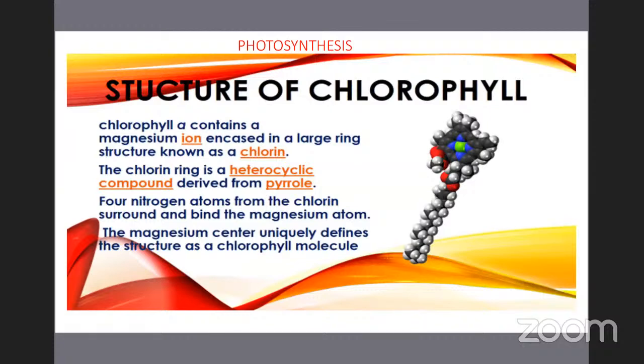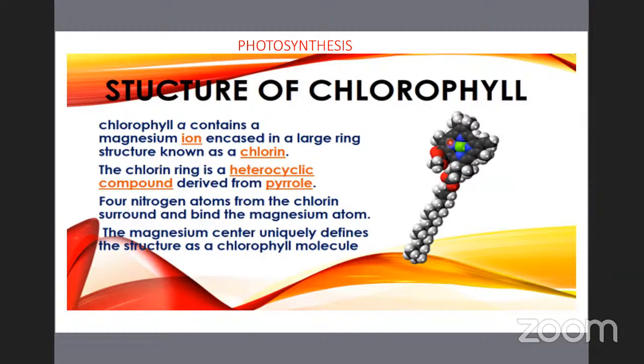See here, a centrally located magnesium ion, and it is encased in a large ring structure which is known as chlorin. This is the magnesium, and the blue color structures are nitrogen atoms, and these nitrogen atoms make a round structure.